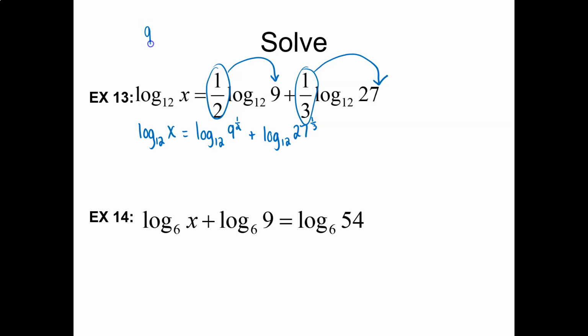So when I've got 9 to the 1/2, the bottom of the fraction is your root. The 9 is going to be to the top of the fraction, first power. This is really just the square root of 9. Square root of 9 is 3. Right? So this is going to be, especially that part right there, I want you to do it without your calculator because that's something we're going to need to know.